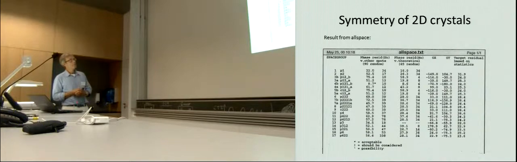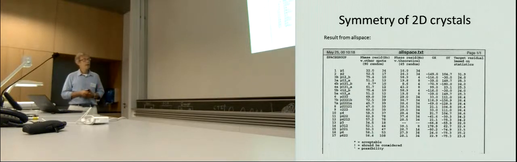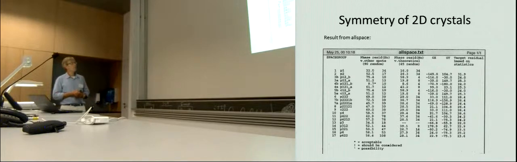And then there is a listing also on the target residual based on statistics. So the program takes into account the quality of the data and combines this phase residual information into some kind of target residual, and makes a comparison with the actual phase residual.